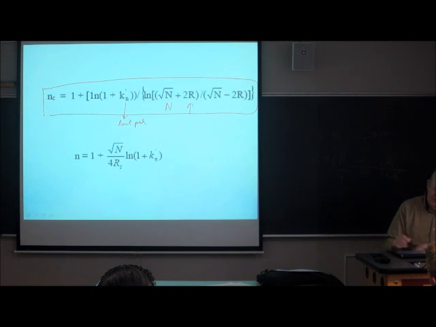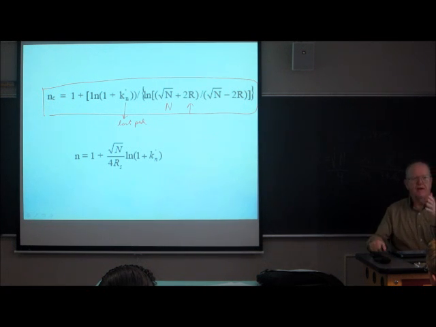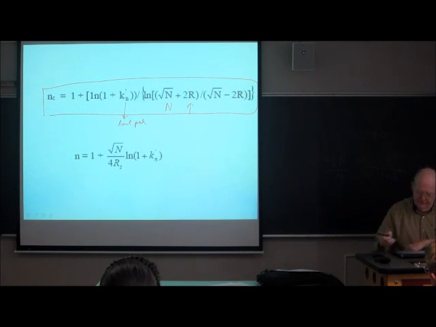Well, we almost never use this equation because it's hard to use, and because N is always a much bigger number than R. Even the square root of N is a much bigger number than R. And you can see we have a square root of N plus 2R and the square root of N minus 2R.